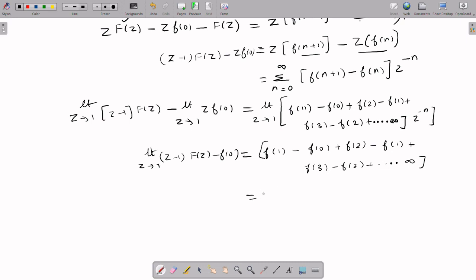So for this you can write limit n tending to infinity, because this goes up to infinity now.